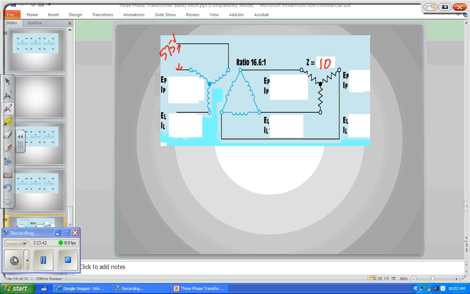All right, let's call it 10 ohms. Nice even numbers like that. Now if we have 575 volts primary Y line voltage, what is our phase voltage? 331 volts, because we're going to divide 575 by the square root of 3, right?